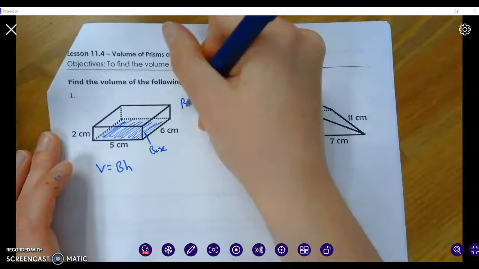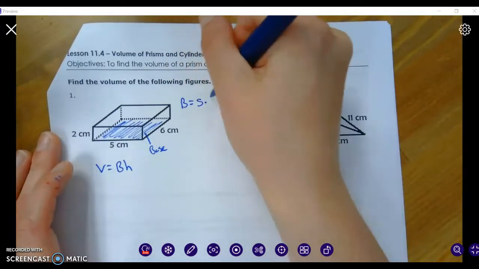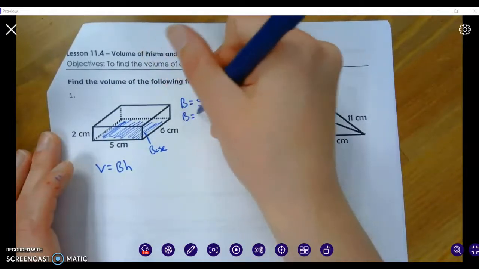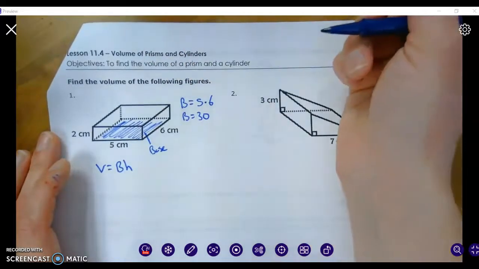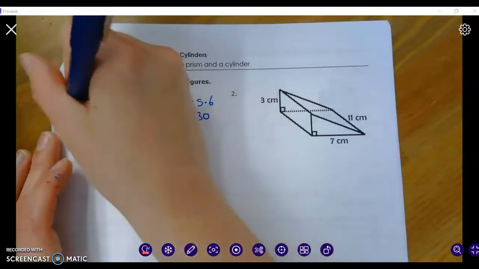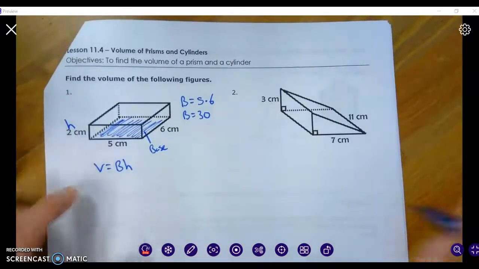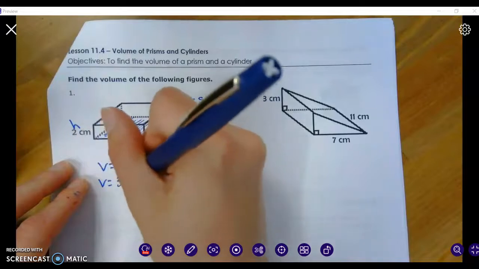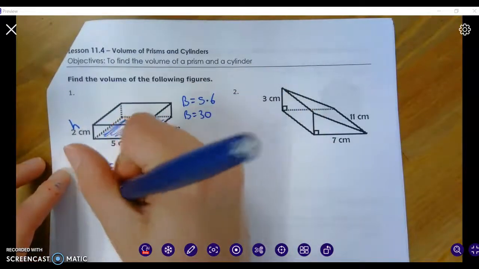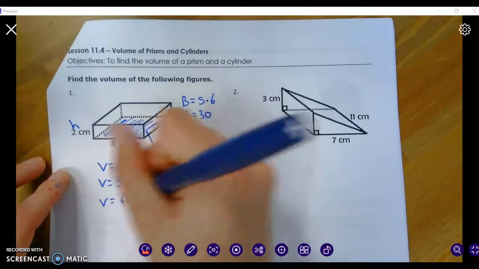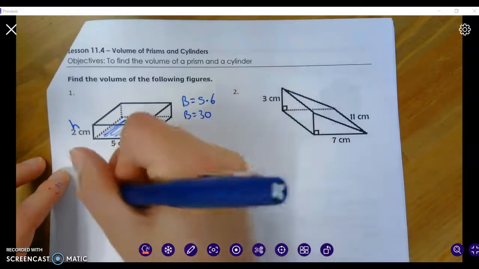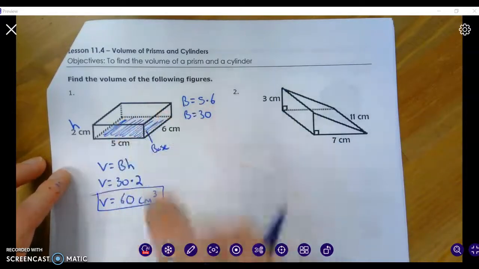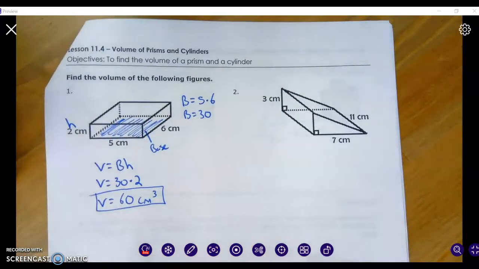So area of my base is going to be 5 times 6. So area of my base will be 30. And then my height is the 2. So we're going to plug those in. We have 30 times 2. So my volume is 60 centimeters cubed. And this is going to be cubed because this is 3-dimensional.